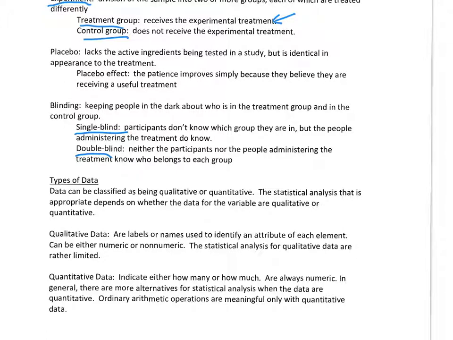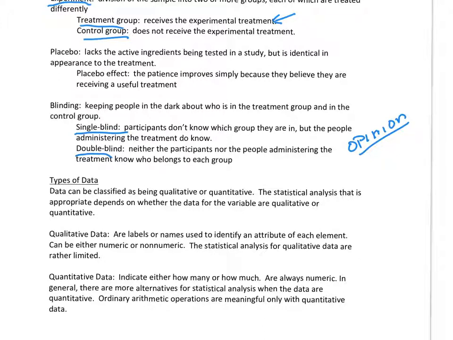Now, the only reason to have blinding is if whatever you're trying to discern is not a straightforward measurement. If things can be a matter of opinion, if things can be interpreted differently, then you want blinding.